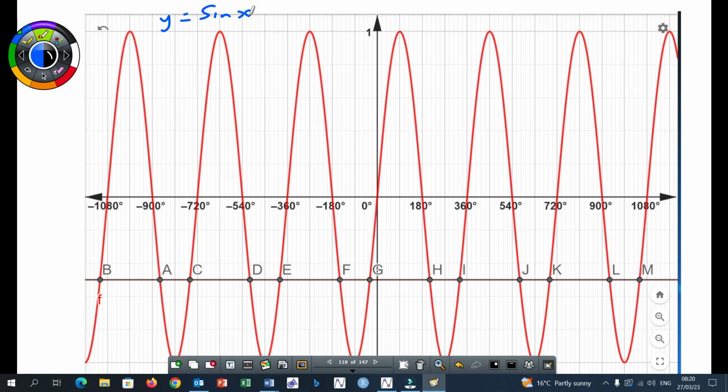But here, based on the graph we have here, in terms of calibration of the x-axis, we have got from minus 1080 degrees up to 1080 degrees. All right?